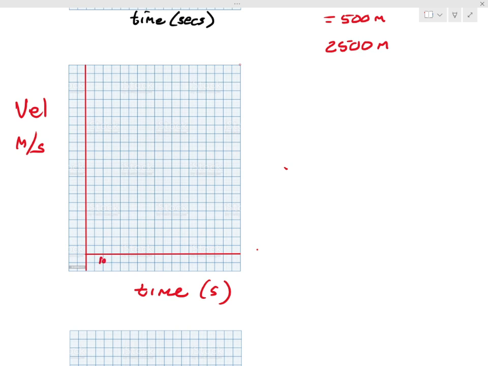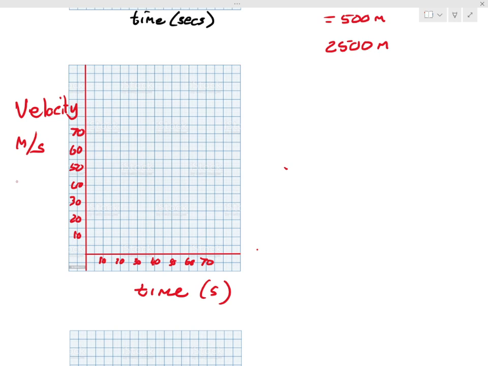And so again, we do 10, 20, 30, 40, 50, 60, 70, and 10, 20, 30, 40, 50, 60, 70. So when you get one of these, immediately look to the left and see whether it says velocity or whether it says distance. If it's distance, then it's just a distance time graph.